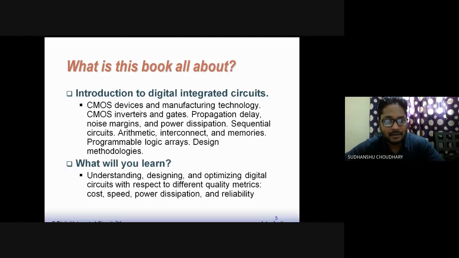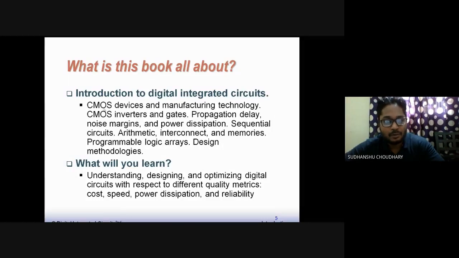But later on you will find that CMOS became more popular because of many reasons. One of the reasons is that you can accommodate more devices, more transistors. That is, the integration density on the chip could be high.